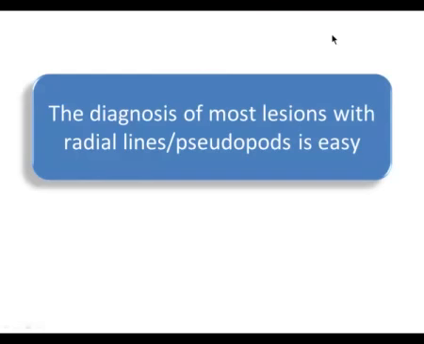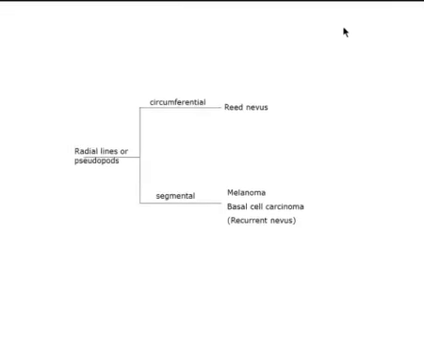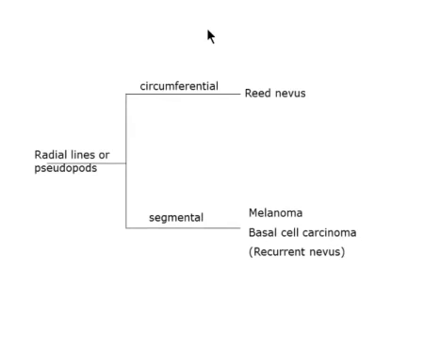Now, the diagnosis of most lesions with radial lines or pseudopods is easy. We have only to make a difference between radial lines or pseudopods that are distributed over the entire circumference, so circumferential radial lines or pseudopods. Then we usually have a Reed nevus.